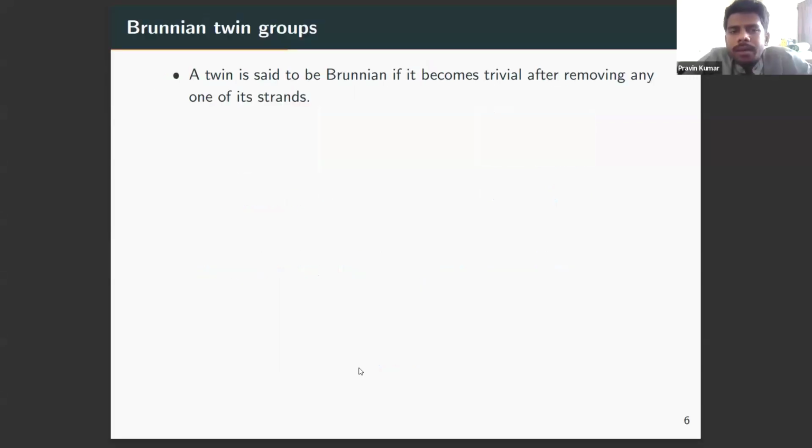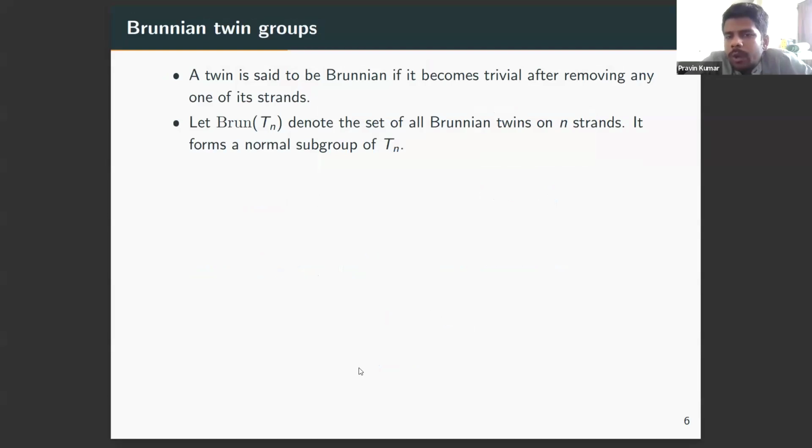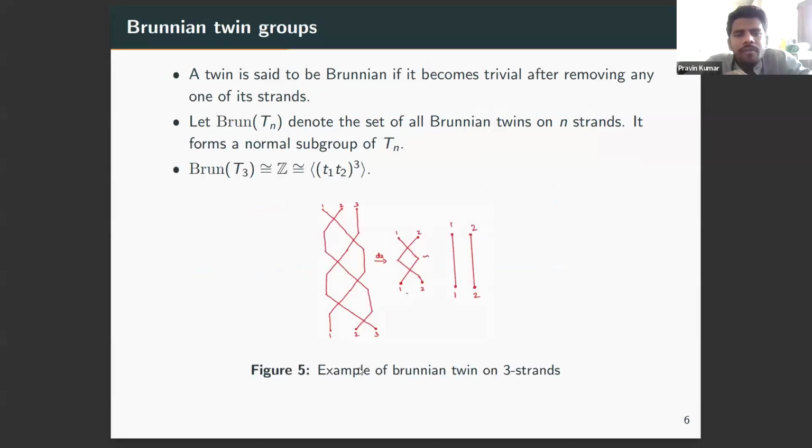Then we say a twin is Brunnian if it becomes trivial after removing any of its strands. The set of all Brunnian twins on n strands forms a normal subgroup of Tn. For example, the twin shown in this figure, a 3-strand twin, is an example of a Brunnian twin.